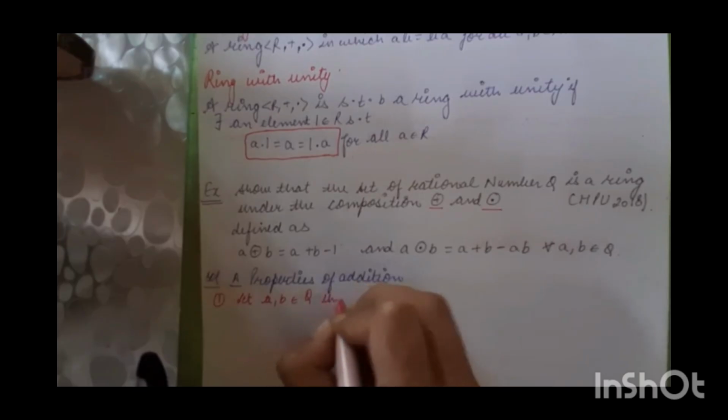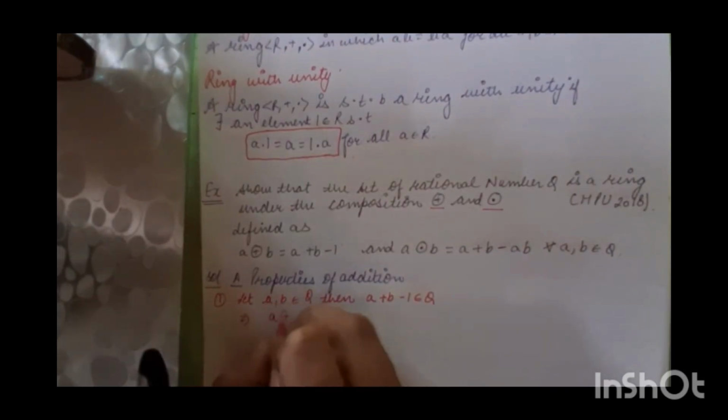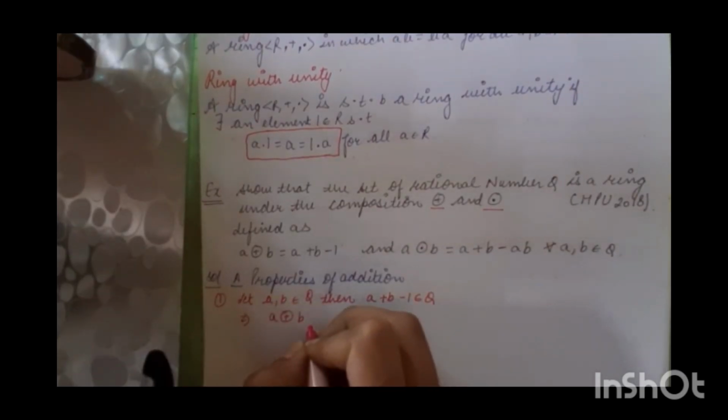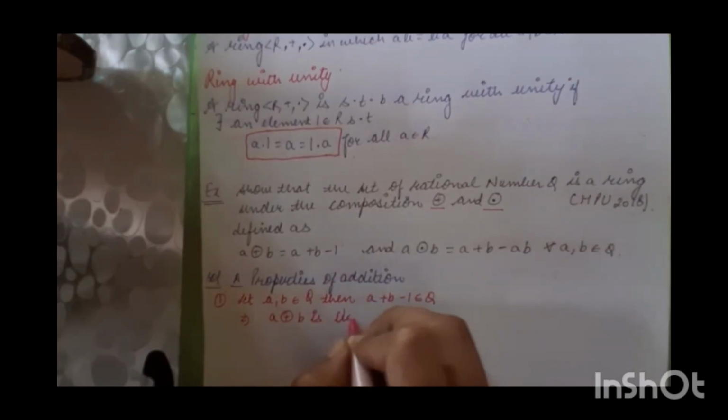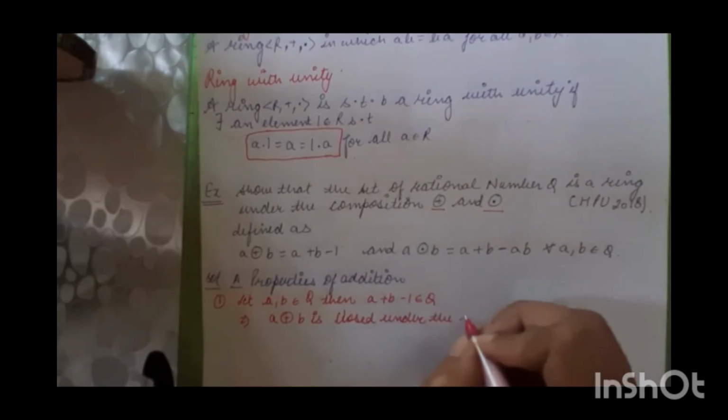The first property is the closure property. So we'll take two elements A and B from the set of rationals. Then A + B − 1 will also belong to Q, and this implies that Q is closed under the operation.